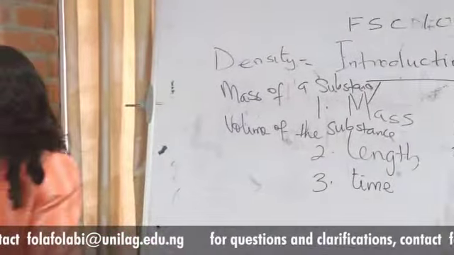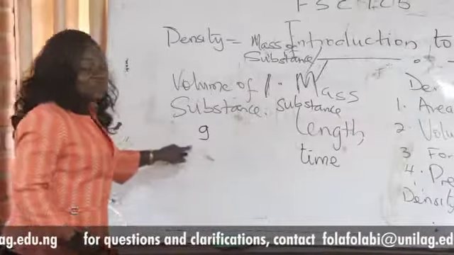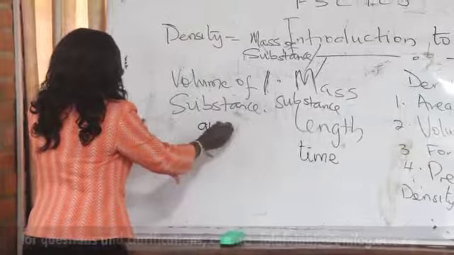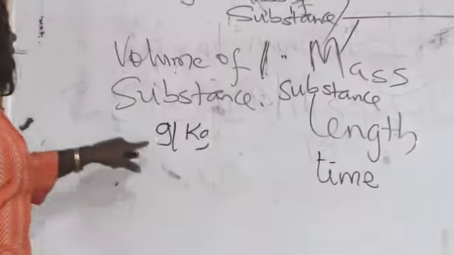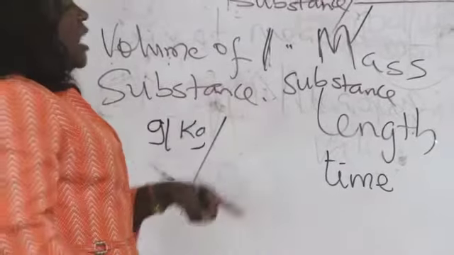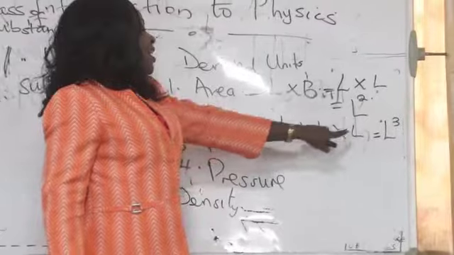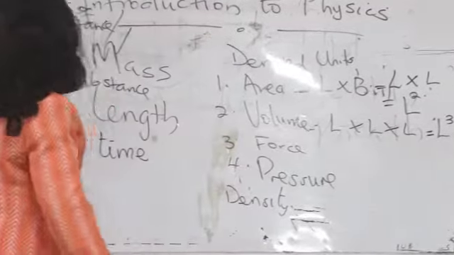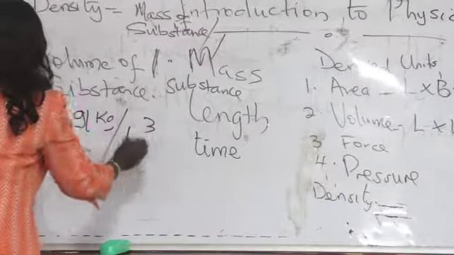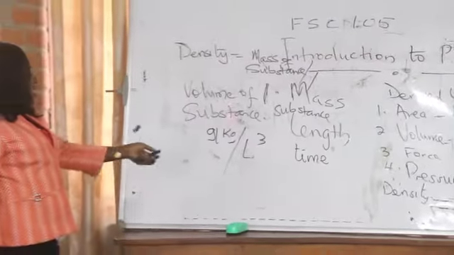So when we are talking of the mass of the substance, whether it is measured in grams or in kilograms, we have the mass over the volume of the substance. And don't forget, the volume is length in 3 places, which is length cubed.